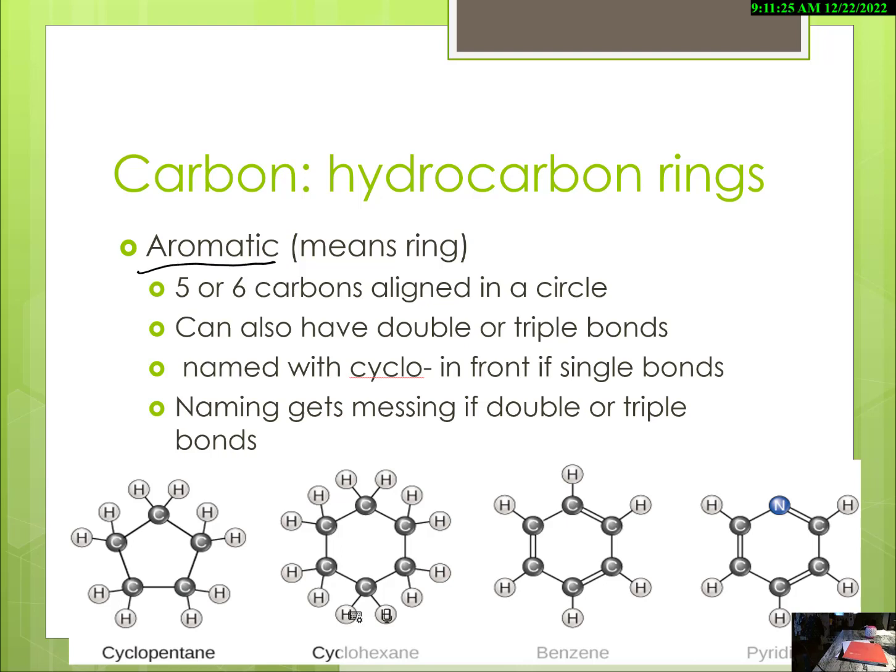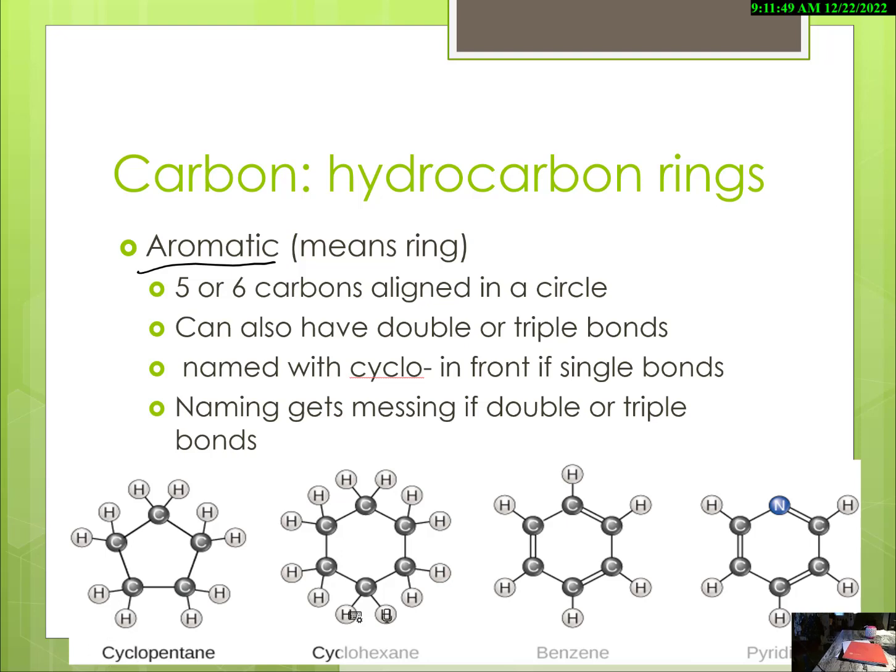Aromatic are rings. And so we name these in much the same way. We count how many carbons are present, and we see if there are double bonds present as well. But we put this cyclo in front of it to show that it's in a circle.